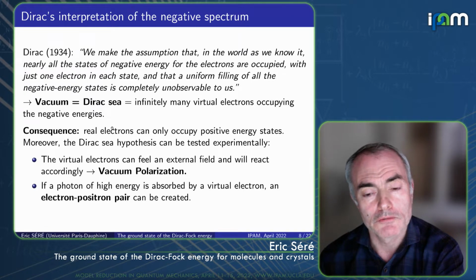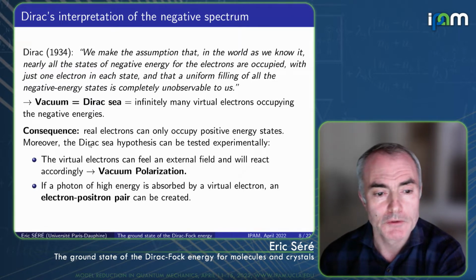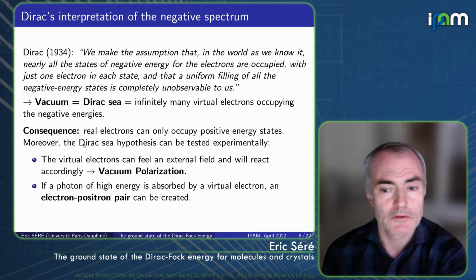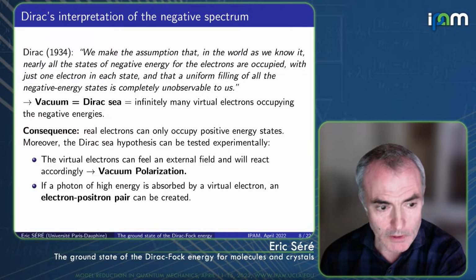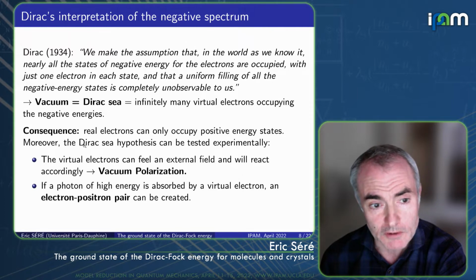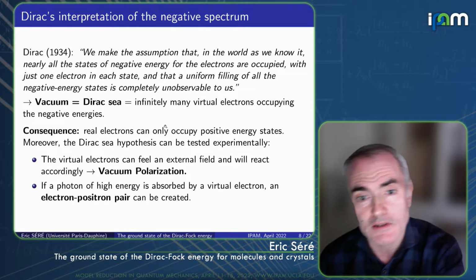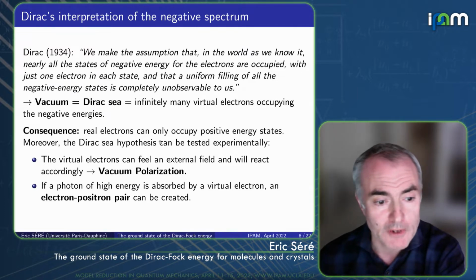So if you look at the consequences of that assumption, well, when you don't have any interaction, you don't see the electrons, you don't feel them, because they are virtual and occupy states that are invariant under translation.